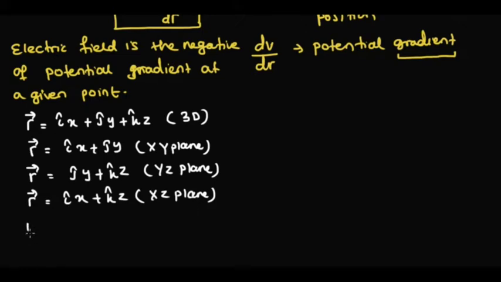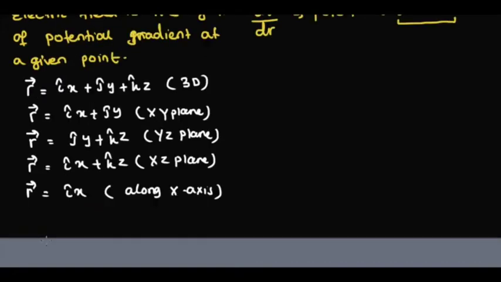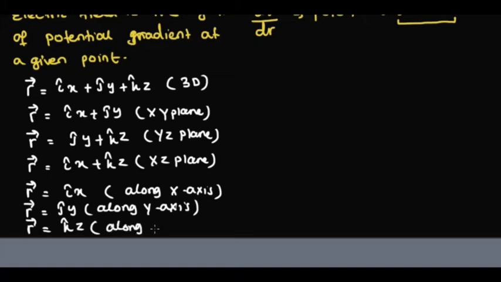If we are along x-axis, then r vector is equal to i cap x only. Means the point is displaced or the charge is displaced along x-axis or only along y-axis or only along z-axis. Means the position changes only along a given axis. So r vector is equal to j cap y when we are talking about only along y-axis. And similarly, r vector is equal to k cap z when we talk about only along z-axis.